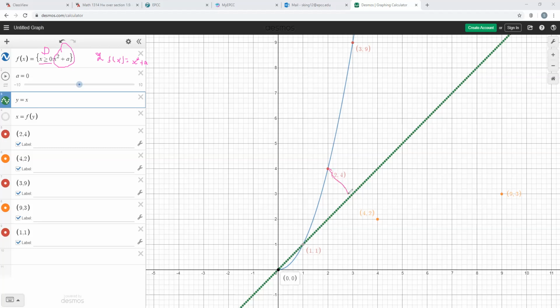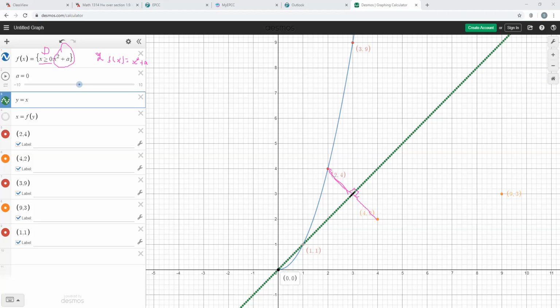I'm not 100% sure where it goes through, and I just destroyed it. But if I was able to draw a straight line, then this segment from this point 2, 4 to the y equals x line, if we measured this distance, and reflect it over at a right angle, so you pick the straightest distance, the closest to this y equals x line, reflect it over and you'll land right on this point 4, 2.